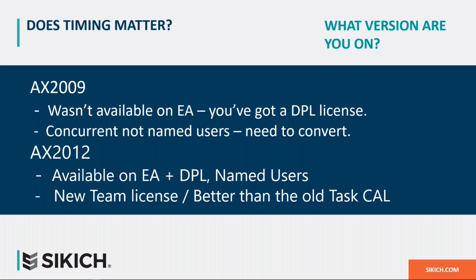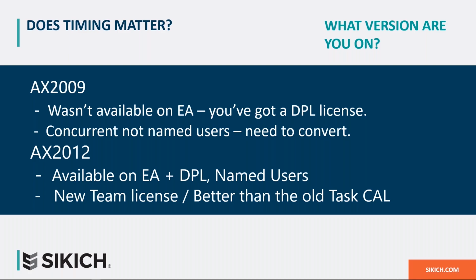So for 2012 clients who've got 2012 licenses, there's a pretty close correlation between the three tiers of user types. Sorry, 2012 had enterprise users, we now have full. 2012 had functional, and we now have activity.